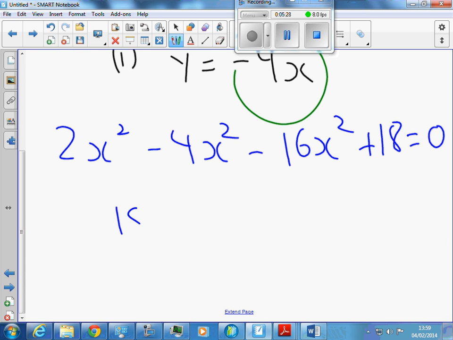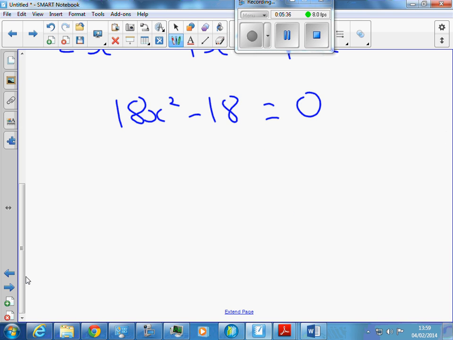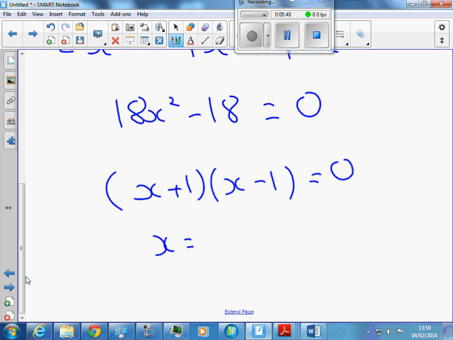So 18x squared minus 18 is equal to 0. If I divide both sides by 18, I'll get x squared minus 1 equals 0, and then factorize: x plus 1, x minus 1 equals 0. So x is equal to minus 1, or x is equal to 1.